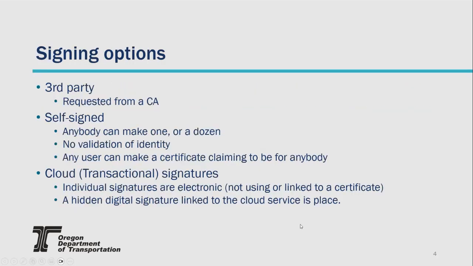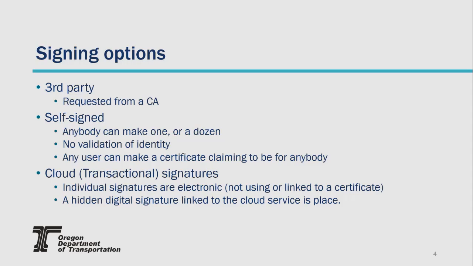And signing options. For digitally signing, there's the third party, which, as I said, you request from some certificate authority. There's self-signed. Don't do that for any professional or record signatures, please. I have seen an uptick in that, where people will send me a document and say, hey, there's something wrong with this certificate. And I'll say, yeah, it's self-signed. Tell them not to do that.